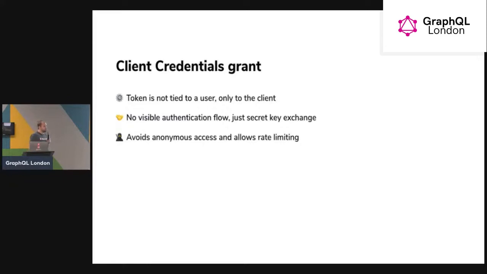You have a shared secret: when the client is registered, you generate a random key and share that with whoever is registering that client, and they put it somewhere secret, like an environment variable, and then you never show it again. Then anytime that client wants to deal with the API, they send that key and they get back a JWT.